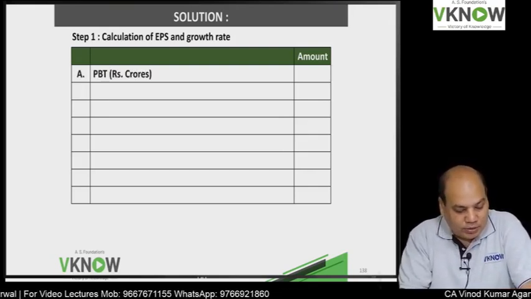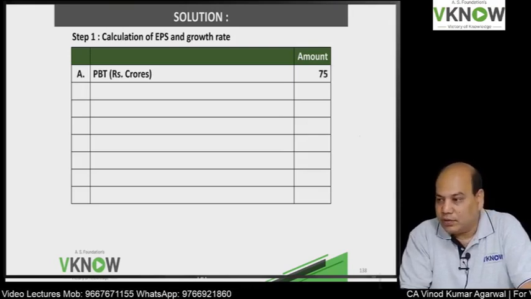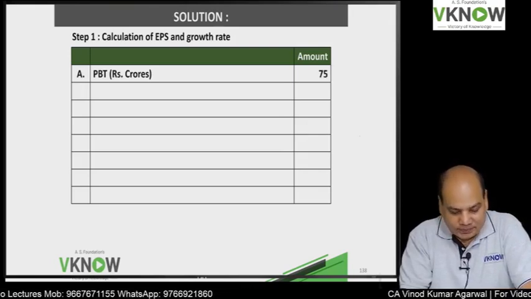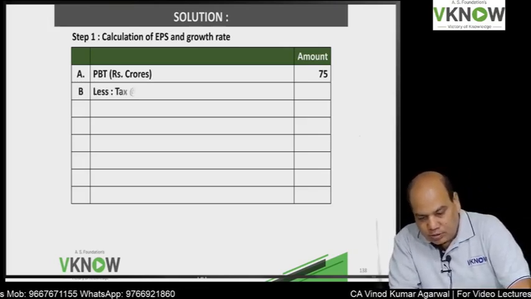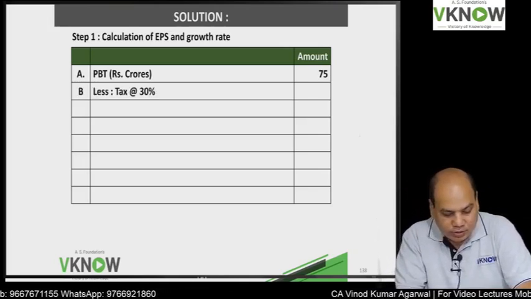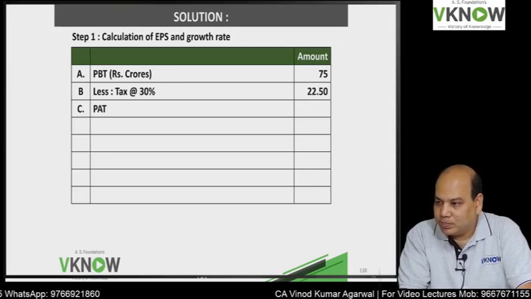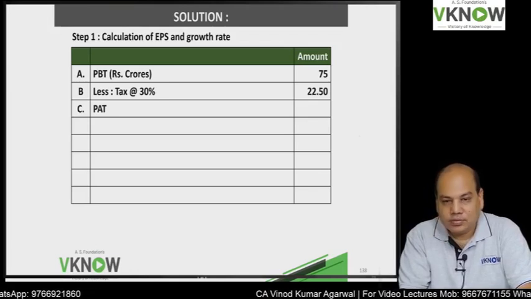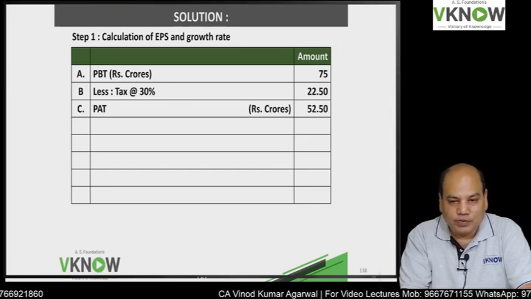First, PBT in rupees in crore, 75. Then write down less tax at the rate of 30%, 22.5. PAT, write down PAT. How much is PAT? Rupees in crore, 52.5.